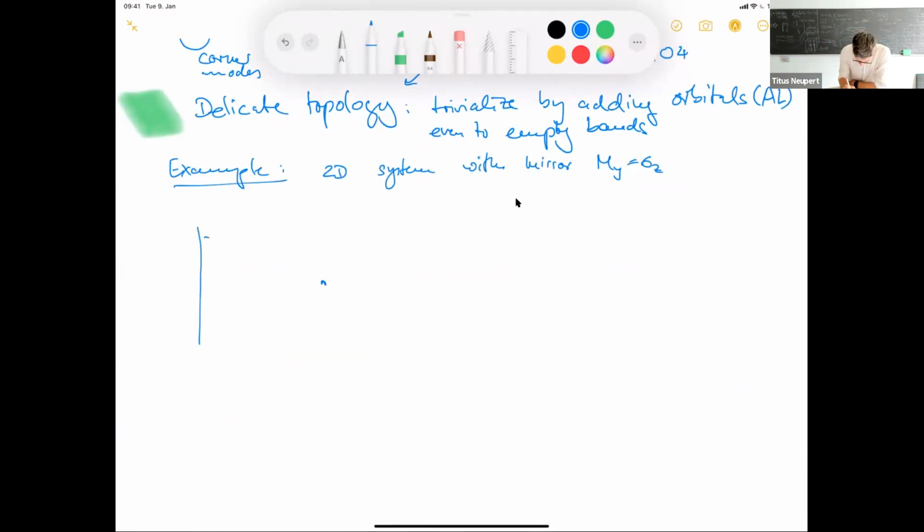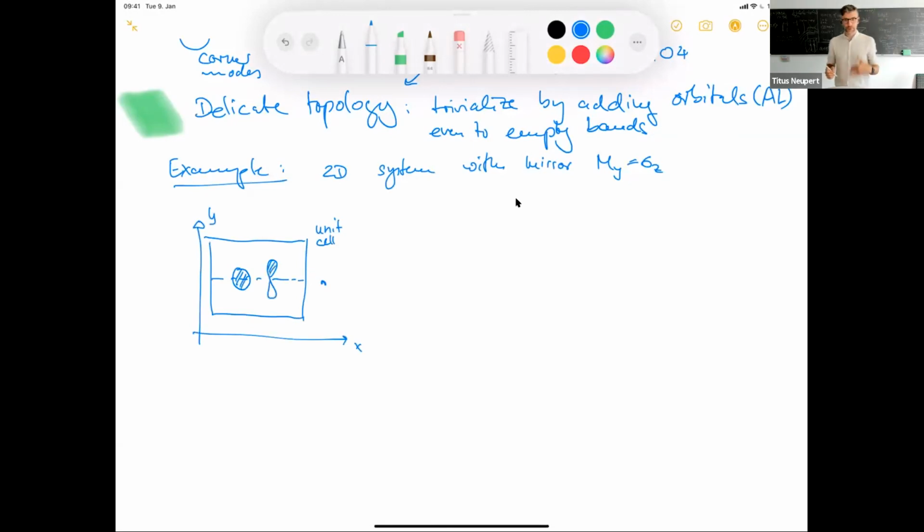So what I have in mind is a system with a y and x direction. I'm just drawing one unit cell. And in this unit cell, I'm putting 2 orbitals. One is an s orbital and one is a p orbital, with respect to the z direction. So I have 2 bands, and they have opposite mirror eigenvalue. That's what this mirror symmetry is telling me.